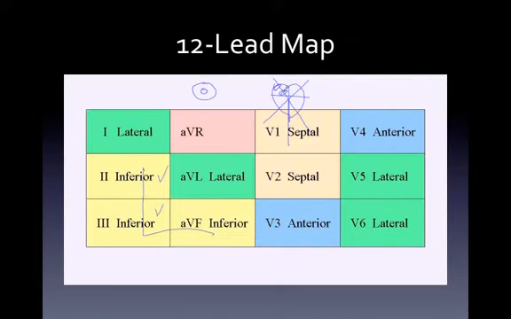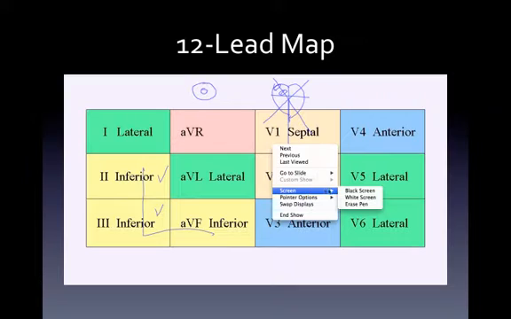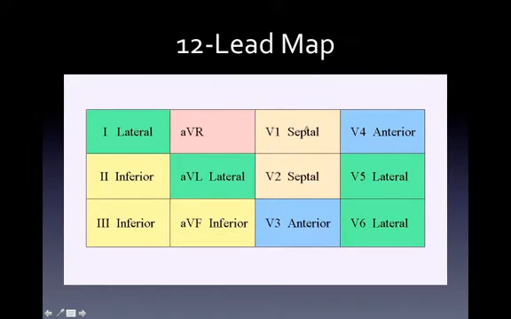So if we see 2, 3, and AVF, that would be the inferior wall, and that's that section on the back that we talked about that's fed by both the left and the right coronary artery. Let's go to V1, V2 here really quick. Explain those. V1 and V2 are the septal area, and I'm going to draw a heart here.